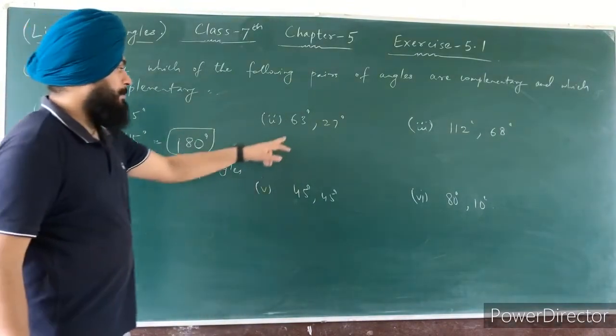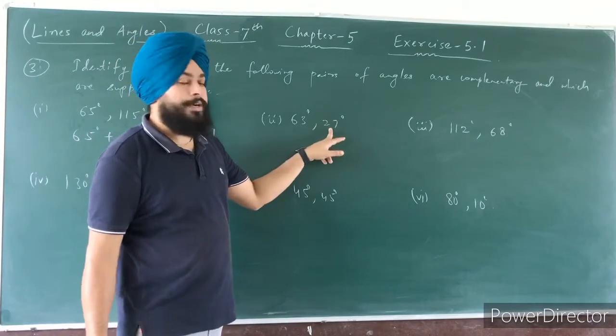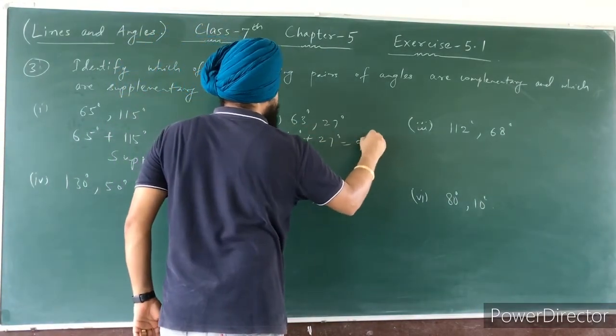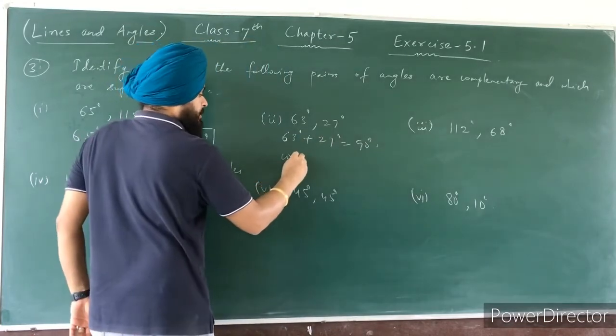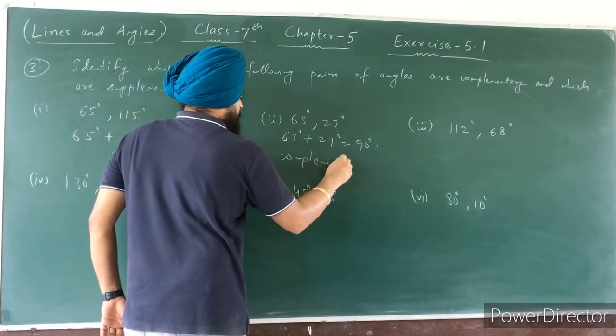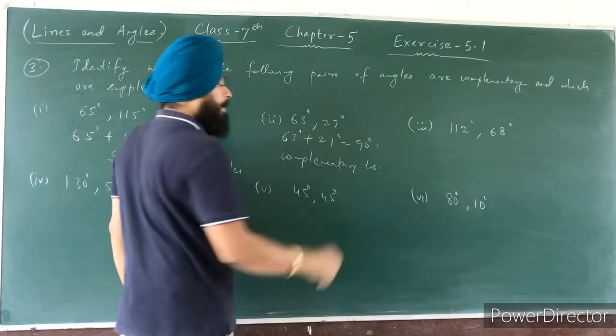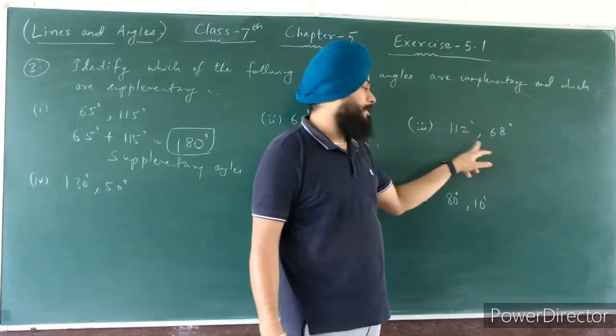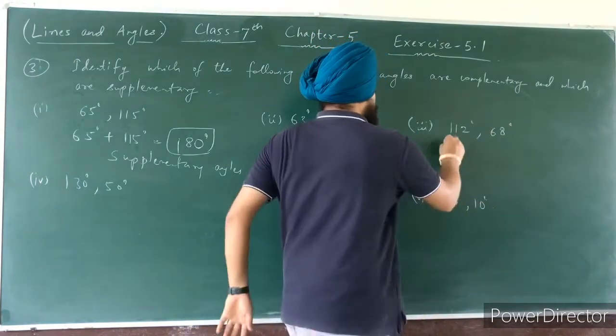The second part is the first angle is 63 and the second is 27. We add 63 plus 27, it is 90 degrees. Therefore, it is what? Complementary angles.